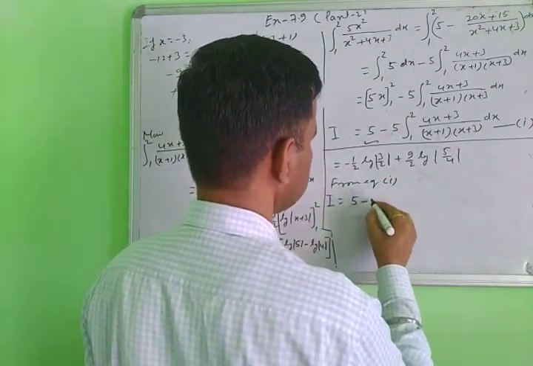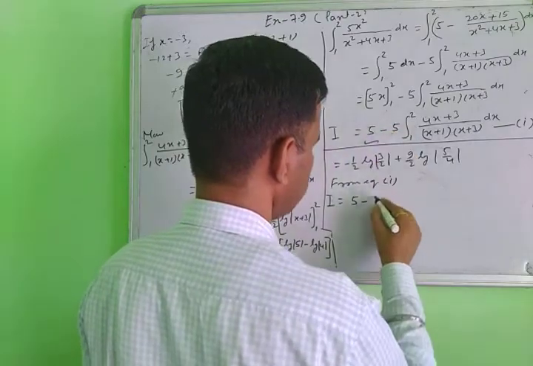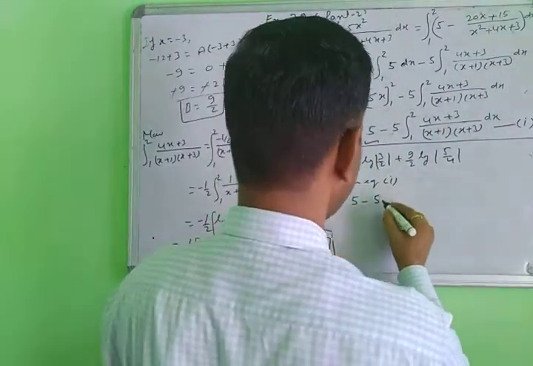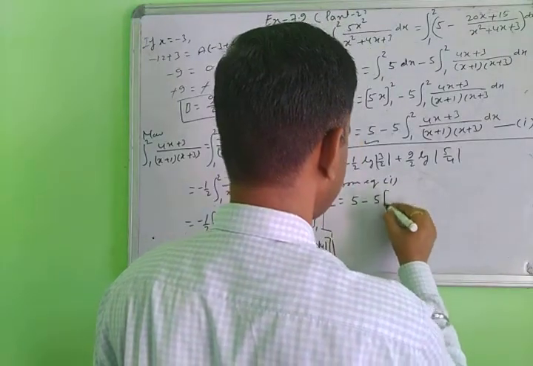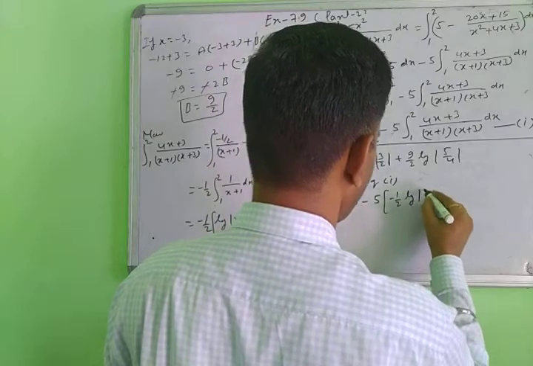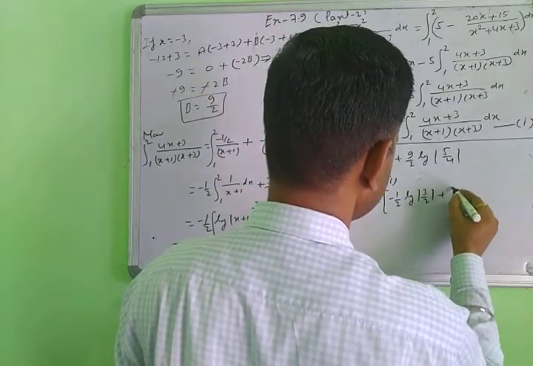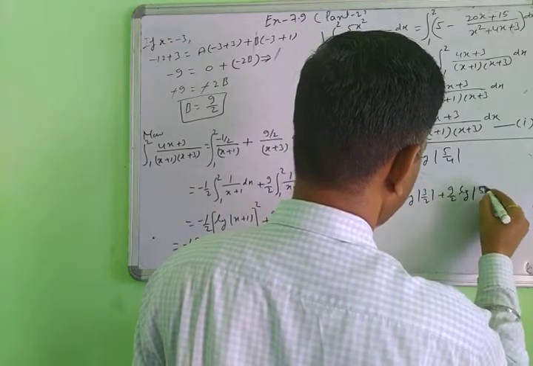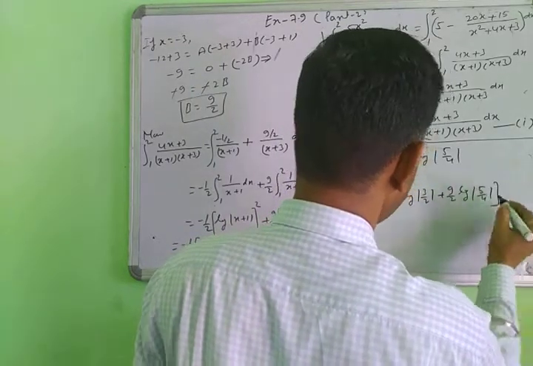5 is outside, multiplying the whole expression here: minus 1 by 2 log 3 by 2 plus 9 by 2 log 5 by 4, and this will be closed.